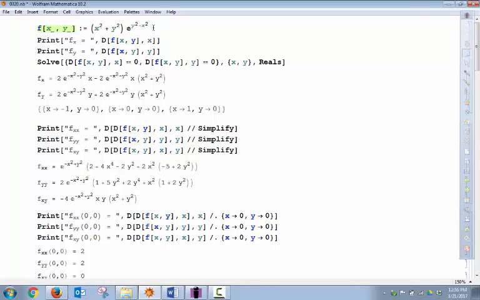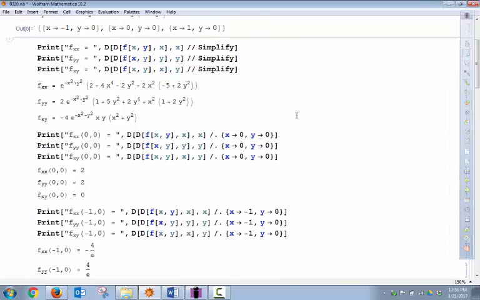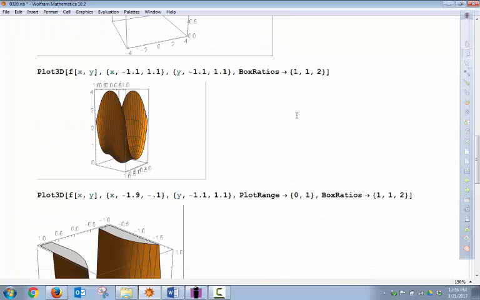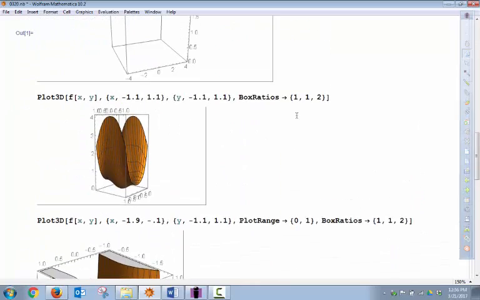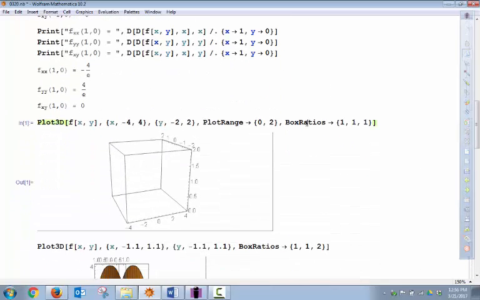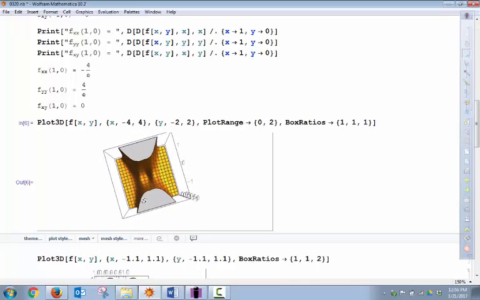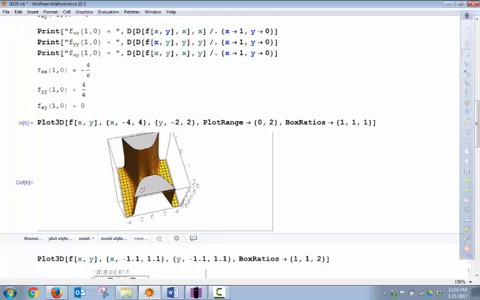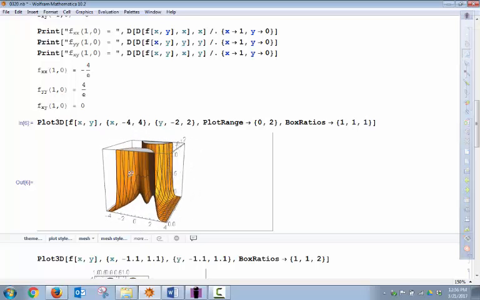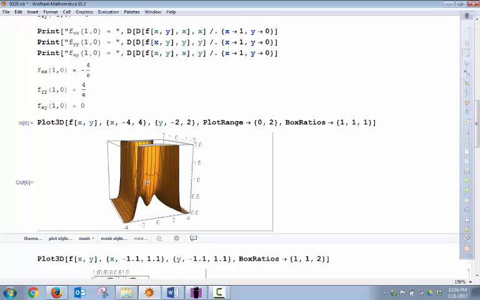I have to rerun some of these things. So if you look at it from the top, you can see there's some strange things happening. If you look at it from the side view, you see that there's this local minimum over here. That's probably going to be at (0, 0). And then there's these indentations over here. That's neither a max nor min.